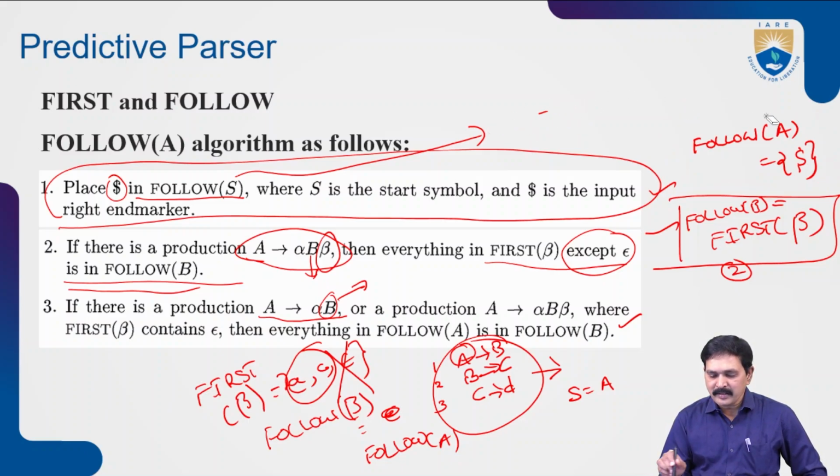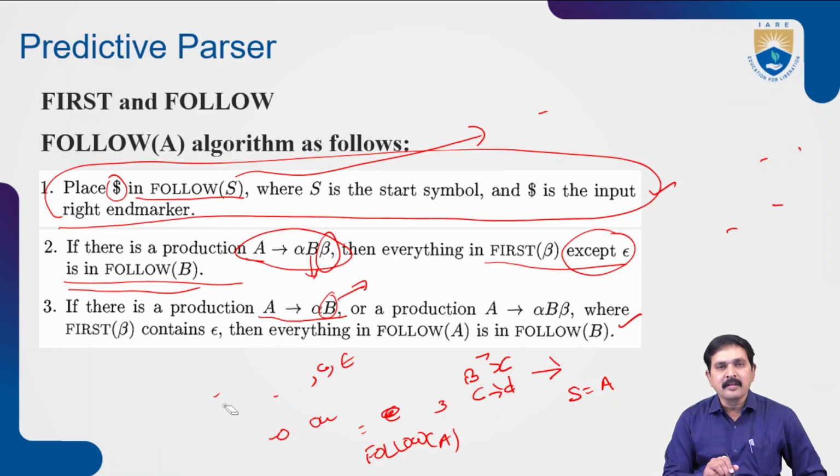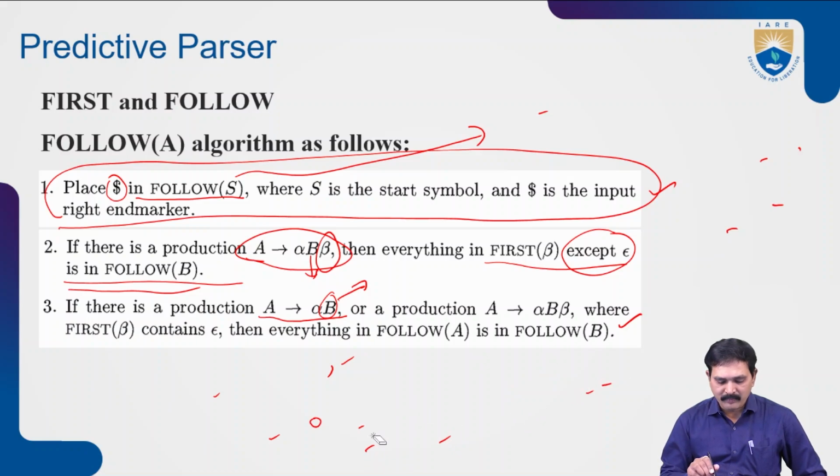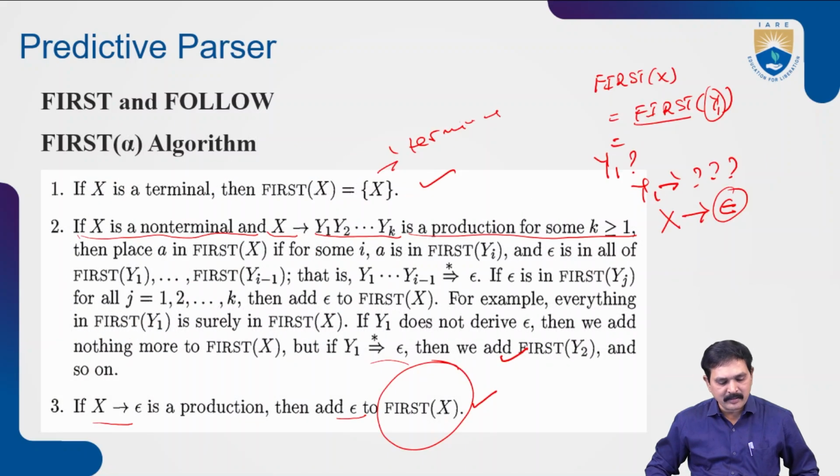So I think it is a simple idea for finding the first and follow algorithms. Basically, you follow three steps in the case of the first algorithm and three other steps in the case of the follow algorithm. The three steps in the first algorithm are very easy, but you have to revise the ideas. If x is a terminal, directly first of x equal to the same terminal. Or suppose x is a non-terminal, but there is a derivation x implies y1, y2, and so on up to yk.